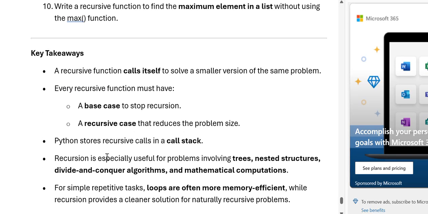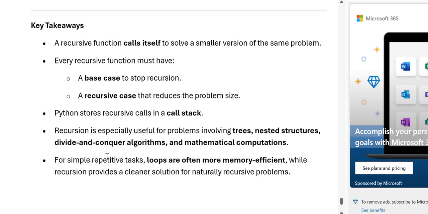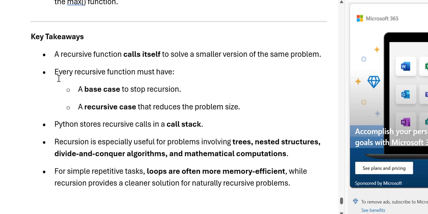So the key takeaways from this lecture are: a recursive function calls itself to solve a smaller version of the problem. Every recursive function must have a base case to stop recursion and a recursive case that reduces the problem size. Python stores recursive calls in a call stack.